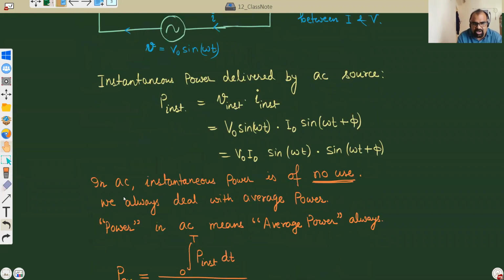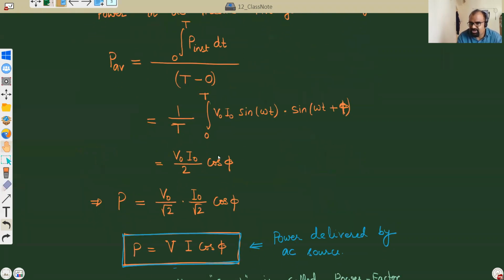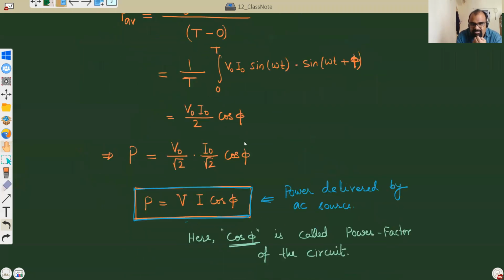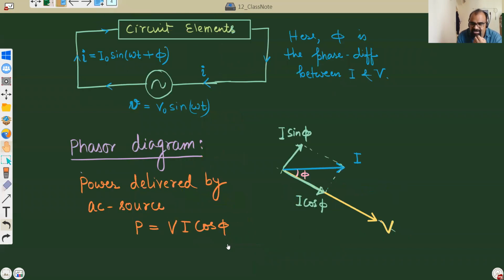Even though I did not do this integration, I skipped this. From here to here, I directly came. I saved myself from this mathematics. This was the formula for power, so I'm writing it again.